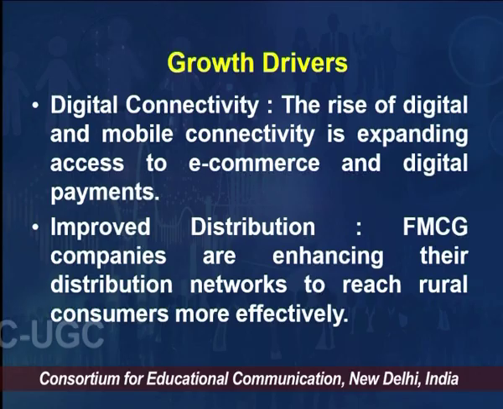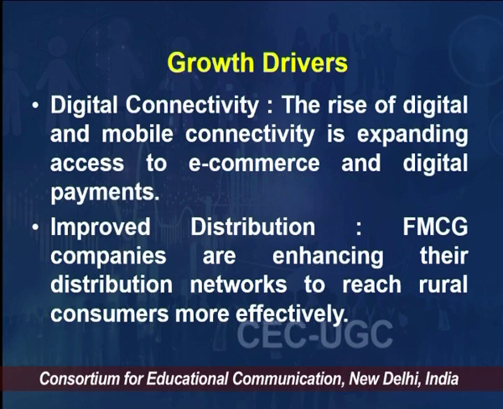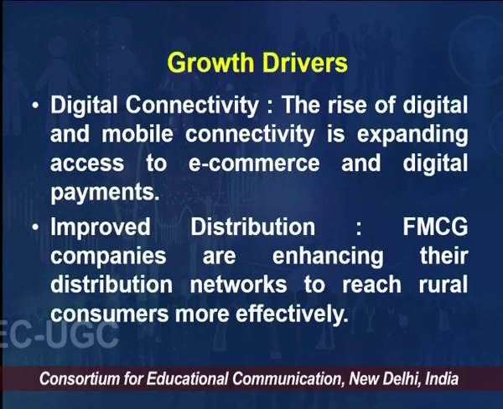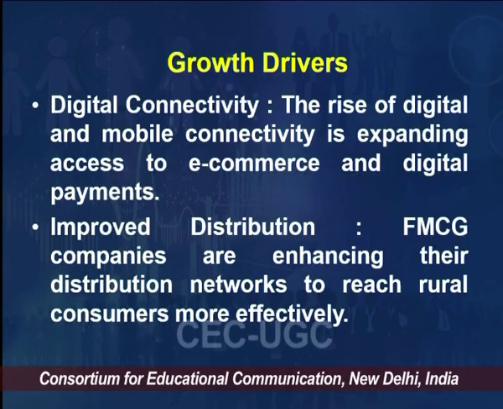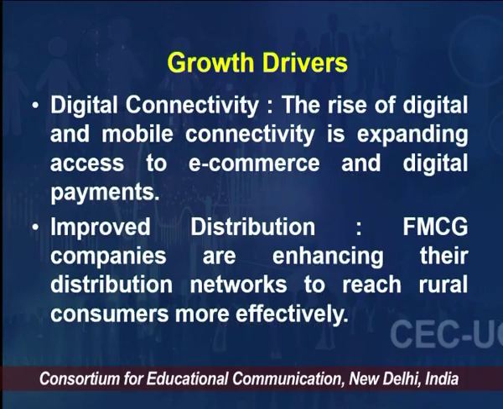The huge investment in infrastructure has brought significant changes not only in urban areas but also in rural areas, and that has improved the entire distribution system, or what you call the supply chain management. So improved distribution is also regarded as one of the significant growth drivers in rural India.